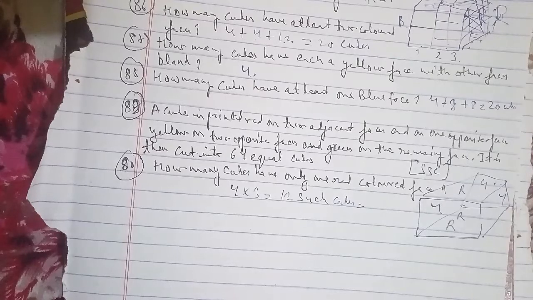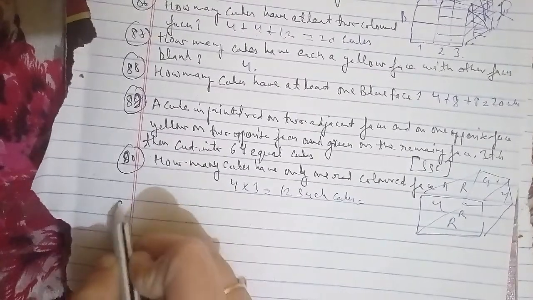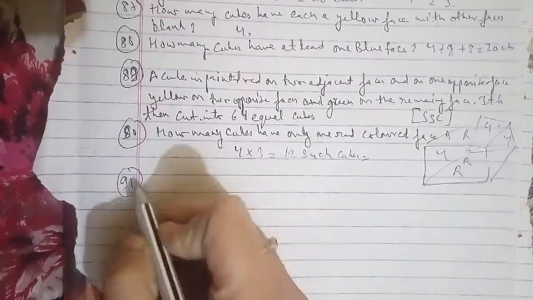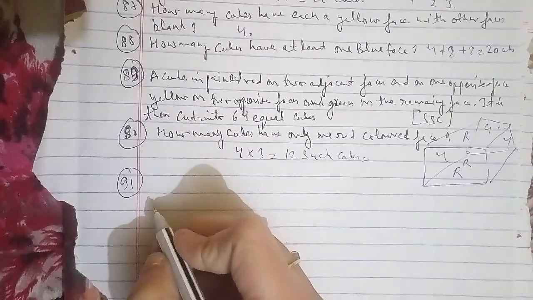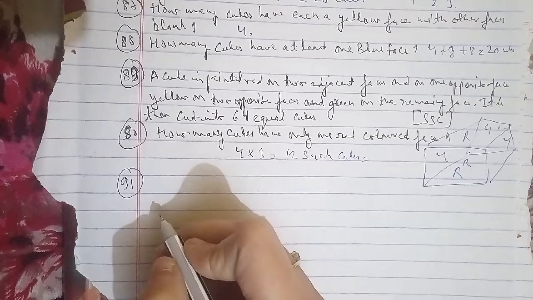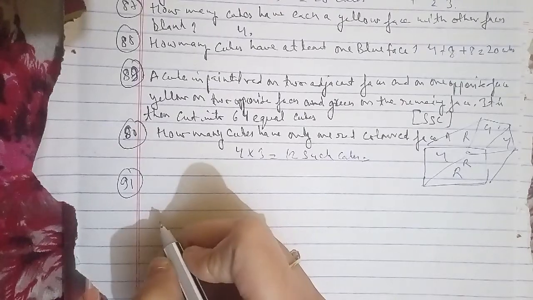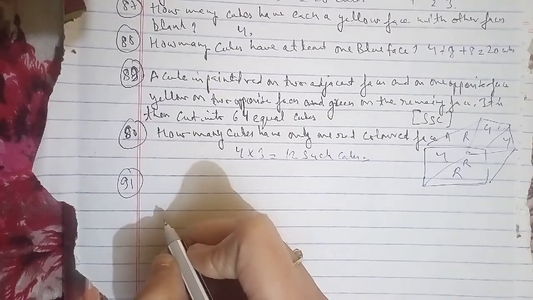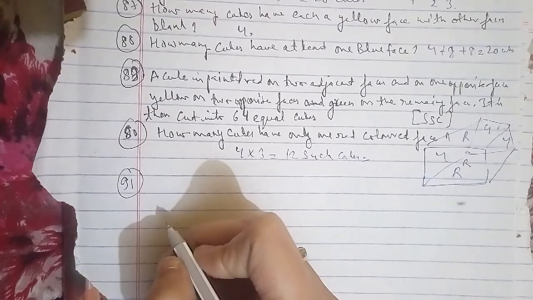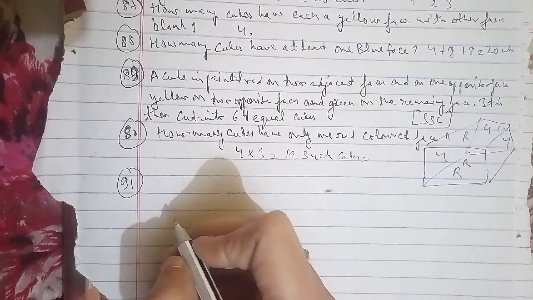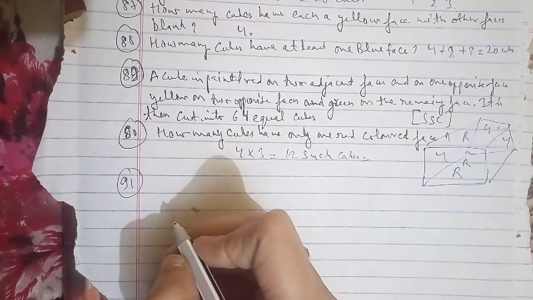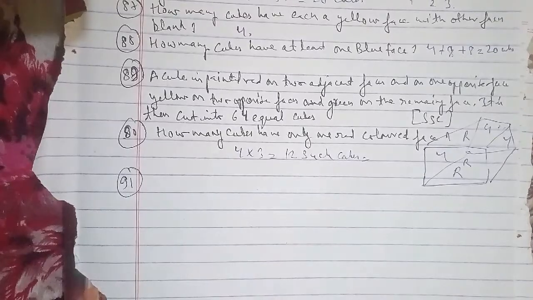Some equal cubes are arranged in the form of a solid block as shown in the adjoining figure.